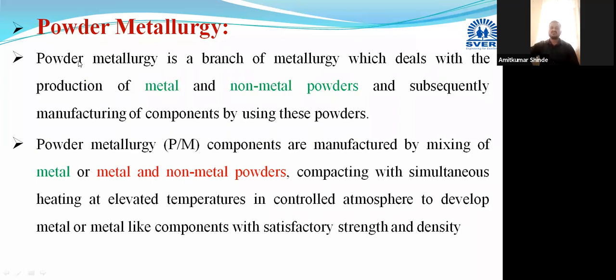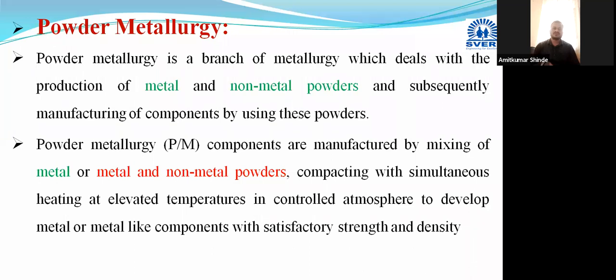So we will start with the first point: what is the meaning of powder metallurgy? Powder metallurgy is a branch of metallurgy, and it deals with the production of powders. In this, we produce metal powders as well as non-metal powders, and subsequently with the help of these manufactured metal and non-metal powders, we can manufacture a component.